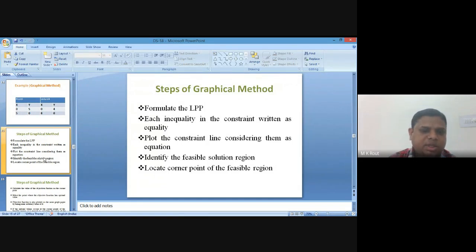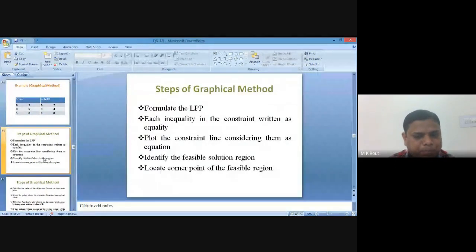The second step is each inequality in the constraints is written as an equality. That means by the help of this linear programming model, you can directly convert inequalities into equalities. That is why I told in the previous slide, if you find any inequality, that is x plus y less than 5, that means x plus y equals 5. That means the inequalities are converted into equalities.